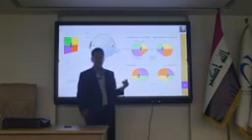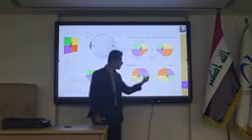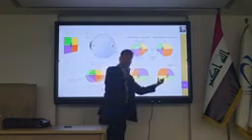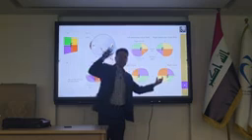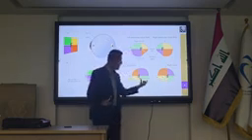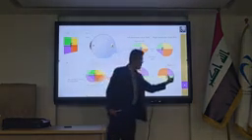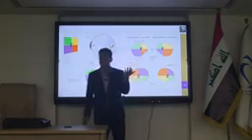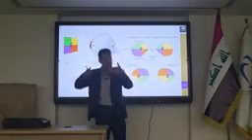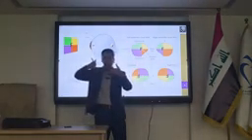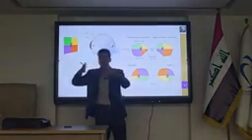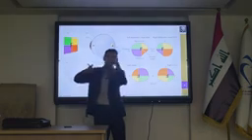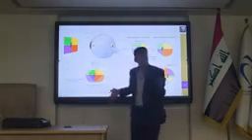Right? So if we want to have one image, it means this part and this part should go to the same point in the brain. And this part and this part should go to another region in the brain. Right? So then half of the image is in one hemisphere, another half is in another hemisphere.